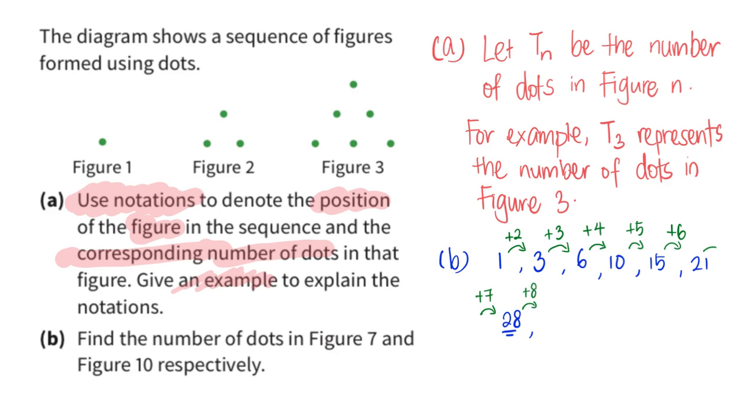Plus 8 to give me 36, plus 9 to give me 45, and the last one, 7, 8, 9, 10, plus 10 to give me 55. And so the answer for this would be 28 and 55.